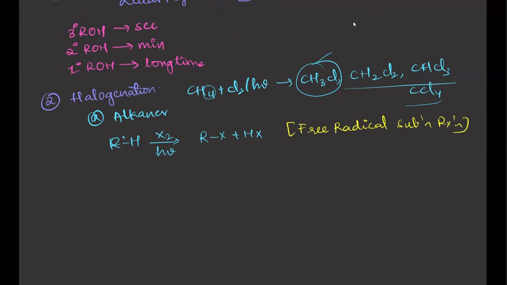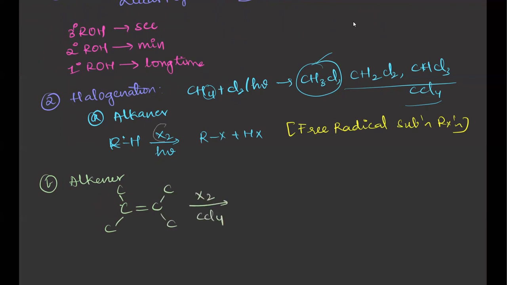And let's check out alkenes. Let's take this example. Let's write it in the line form. So, in presence of X2 in CCl4.